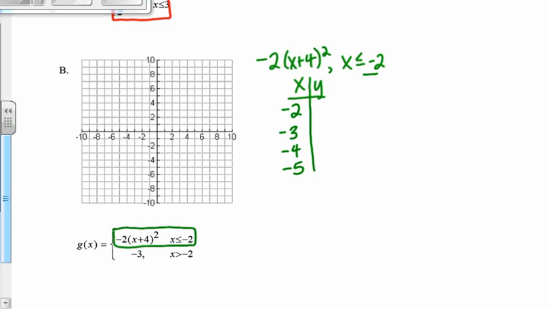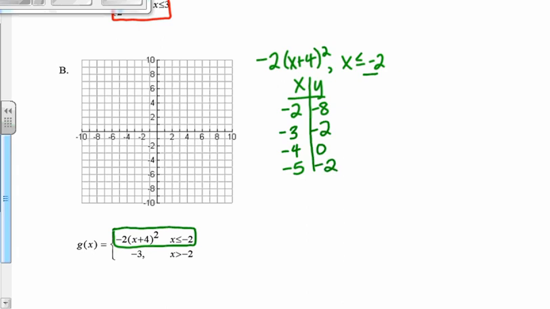So if I plug in a -2, that would be 2 squared, which is 4, times -2 is -8. And if I plug in a -3, I get 3 squared, which is 9, I mean 1 squared, which is 1, times -2, which is -2. This would be 0. And if I plug in a -5, I get out -2, I believe.